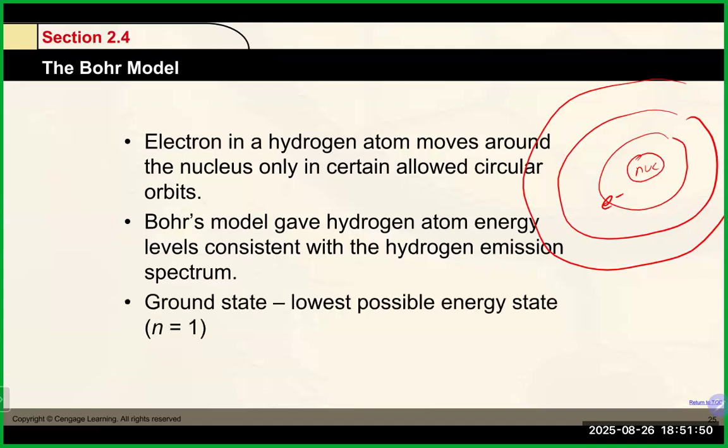The ground state is n equals 1. That is the lowest state in energy. Anything above that, n equals 2, 3, 4, 5, 6, and 7, are higher energy states. They're sometimes referred to as excited states. They are further away from the nucleus and higher in energy as you go from 2 to 3 to 4, and so forth.